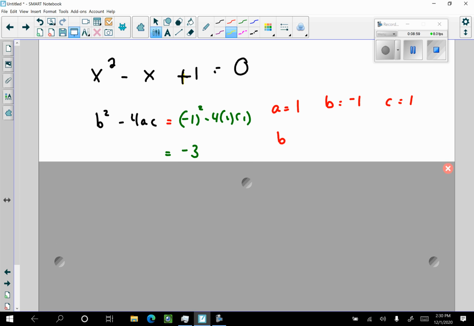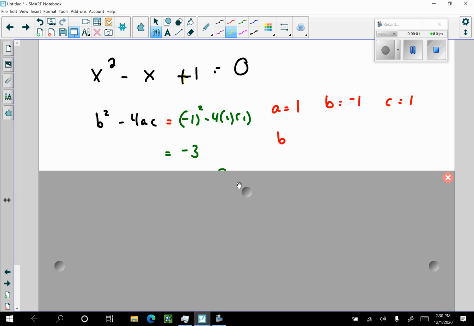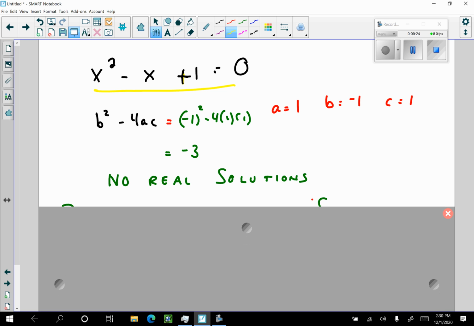I know my discriminant is -3. I've actually done this problem before in class or in one of the Google Meets. So I have b squared, which is (-1) squared, minus 4ac, -4 times 1 times 1, and that's going to be -3.